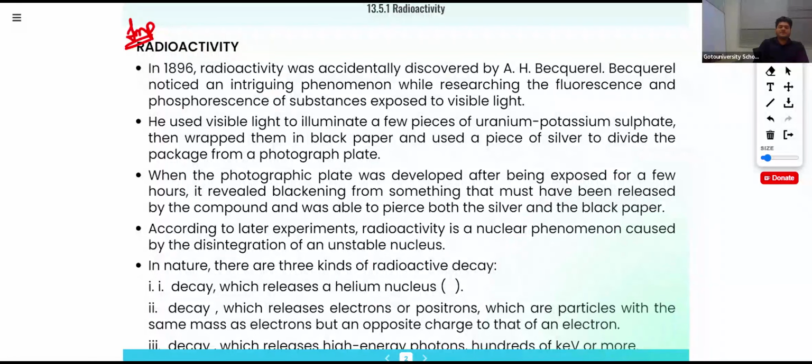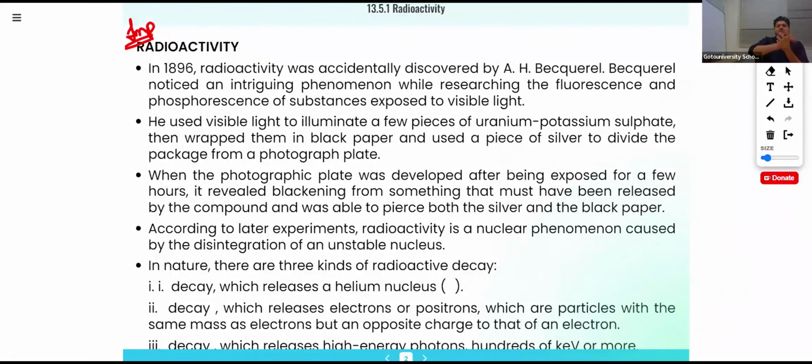I repeat, among 1500 known nuclei, 208 nuclei are stable. The remaining unstable nuclei will undergo a decay process, and this phenomenon is known as radioactivity.